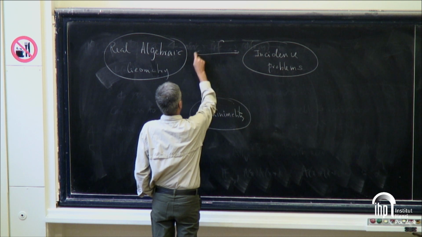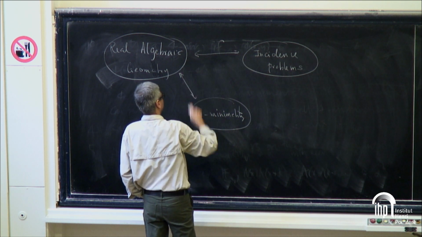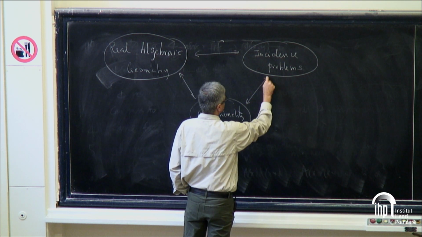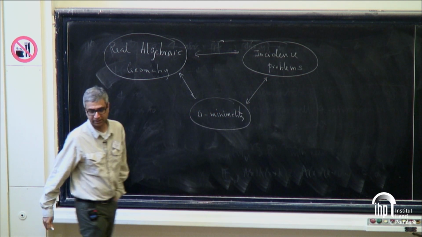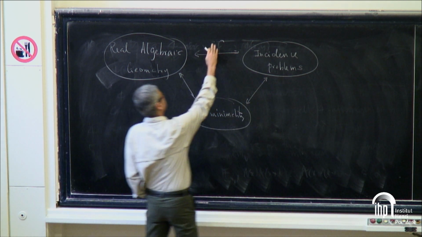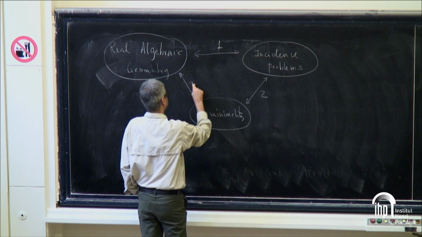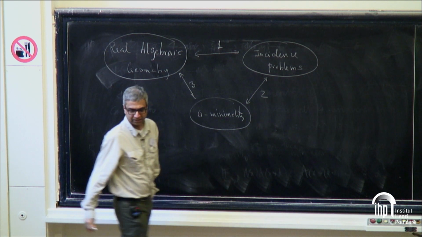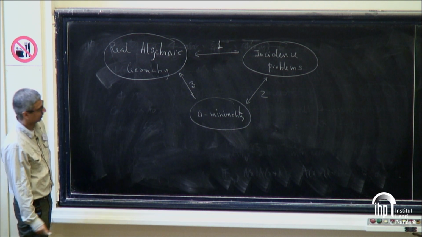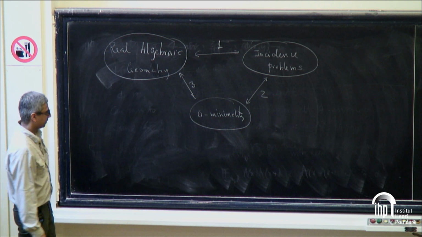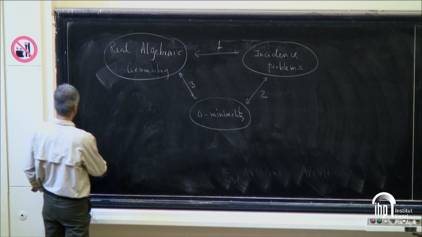And I'd like to describe some old and new results which seem to go between these three areas. So I'll call them 1, 2, and 3. Maybe the new one would be in this direction, and I don't know how much of that I'll be able to talk about. But let's start with 1.